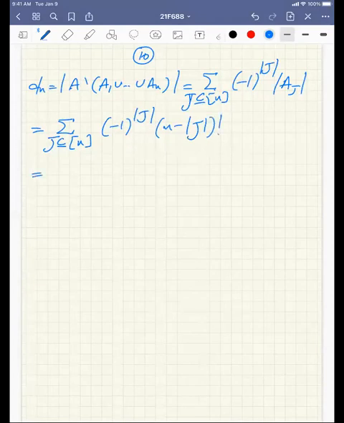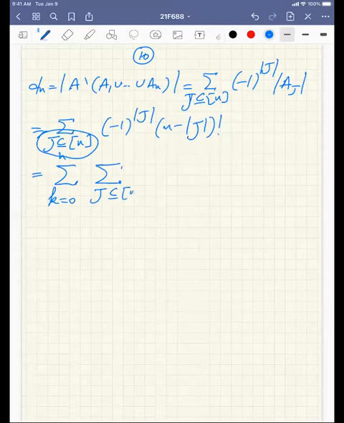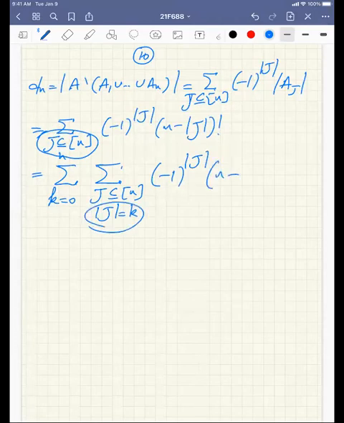Now, when we go through all the subsets, let's go through them according to their cardinality. So here's going to be a bad notation. Let's just use k from 0 to n, of the summation over all J subsets of n with cardinality of J equal to k, of (-1) to the k. If this cardinality is k, here I put (n minus k) factorial.